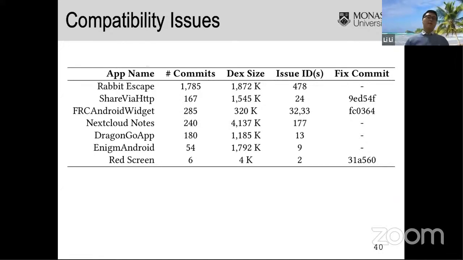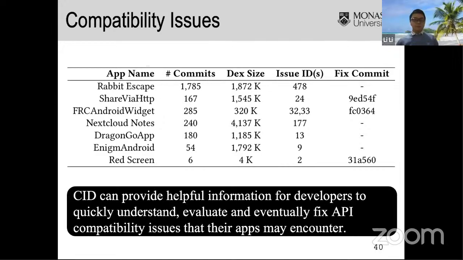Within 2 days, several of the project developers had already confirmed that the submitted compatibility issues are correct, and they are happy to fix them in a short time. So this experiment shows that SAID can indeed provide helpful information for developers to quickly understand, evaluate, and eventually fix compatibility issues.